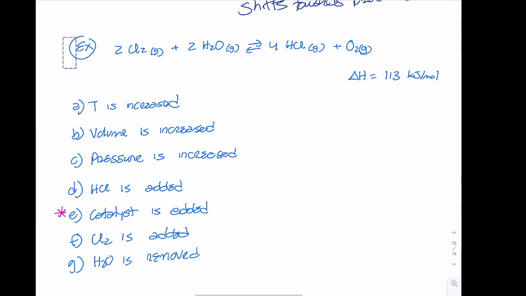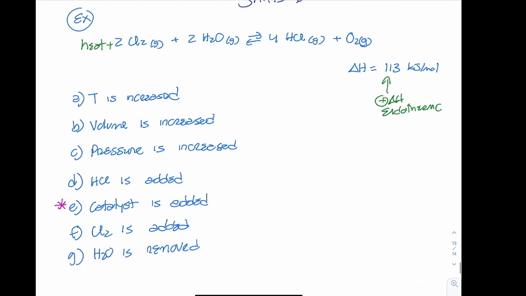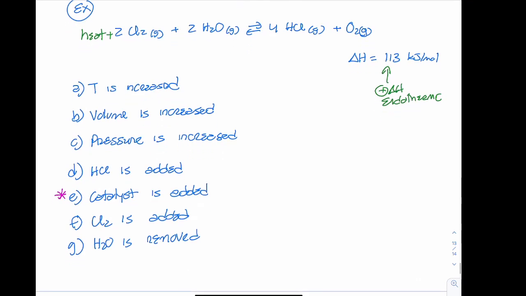And I'm going to actually just move my example out of the way, because I actually want to write the word heat here. So because it's endothermic, right, I have a positive value for delta H. It's endothermic. So I'm going to think of heat as a reactant. So now when I go to do this, right, if I'm increasing my temperature, I'm increasing the reactant side.